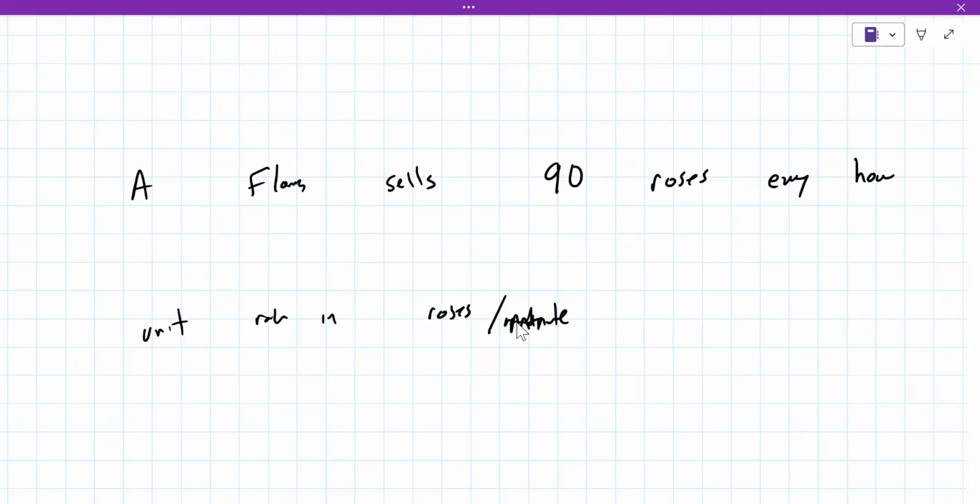So 90 divided by 60 or 60 divided by 90? You got to do it in the right order. 90 roses on top, 60 minutes on the bottom.